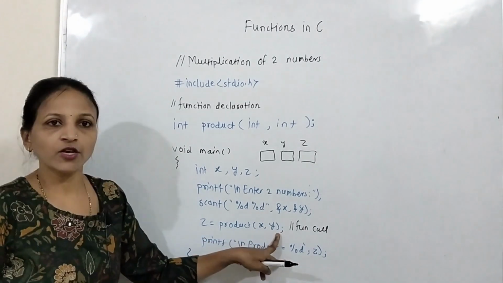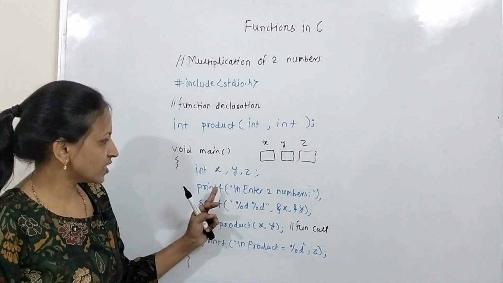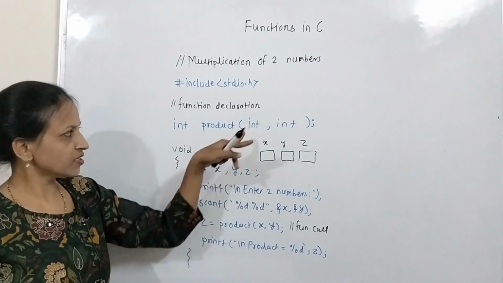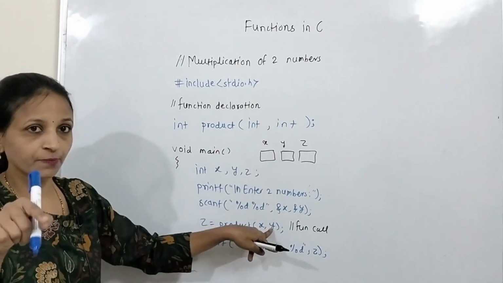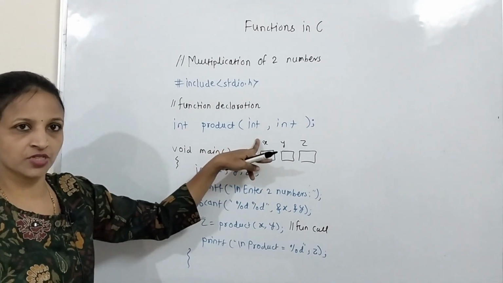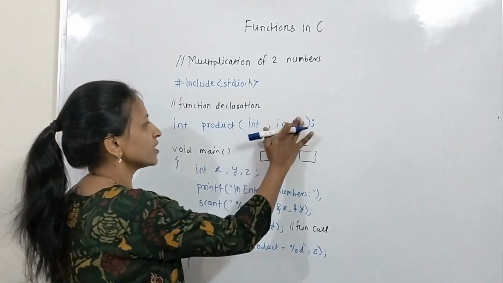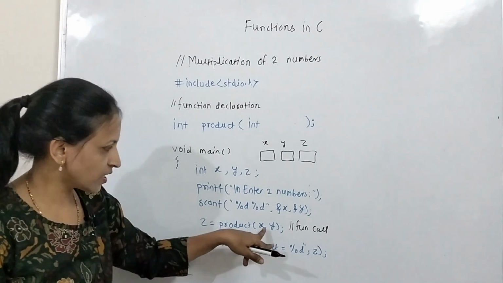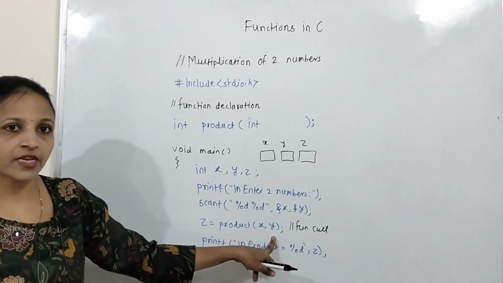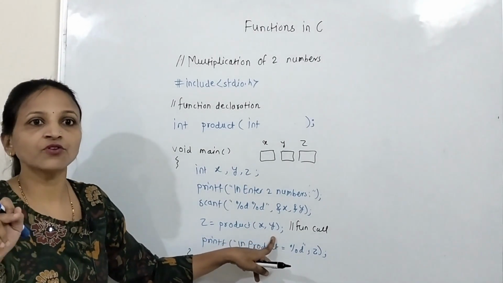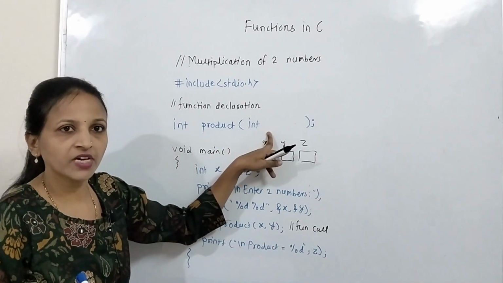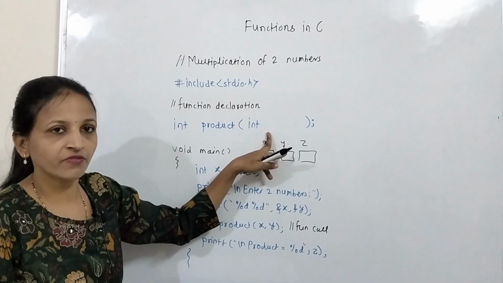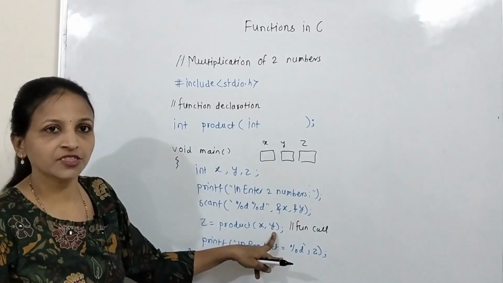Here the data types of x and y, which are integer, will be checked. I am writing int comma int, that's why it matches. It should match the function declaration. Suppose in the function declaration I have written only one integer and here I am passing two integers, then of course the compiler will give you an error, because there we mention only one argument, only one data type, and here we pass two integers.